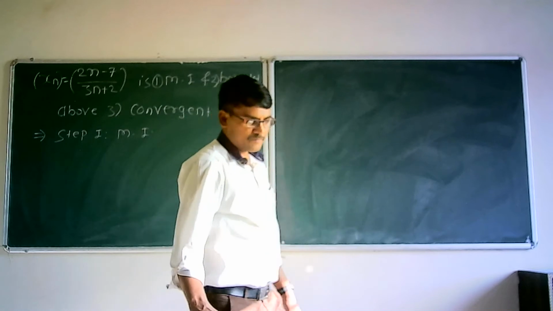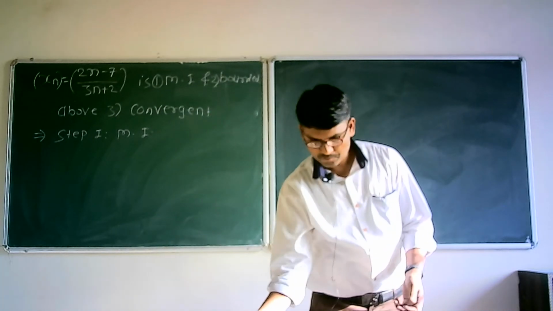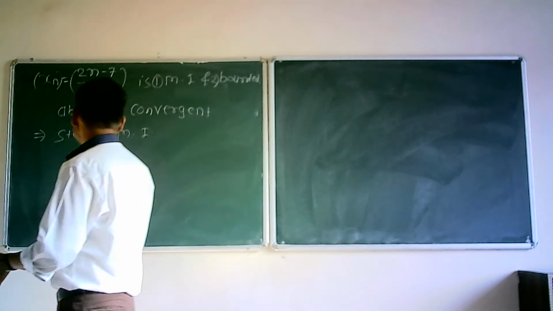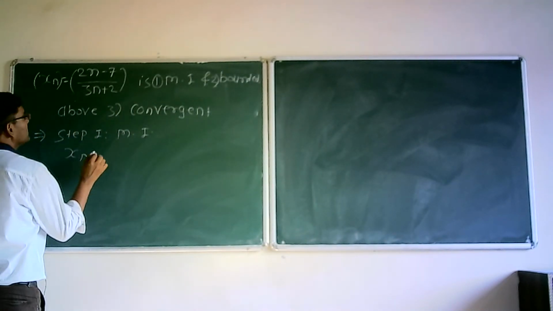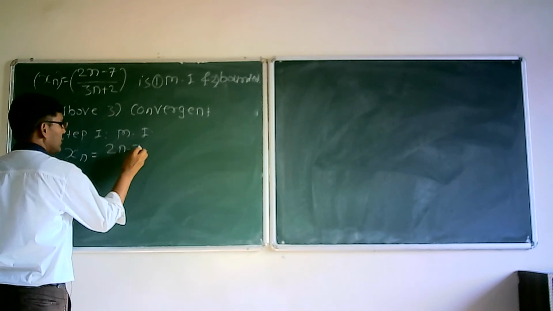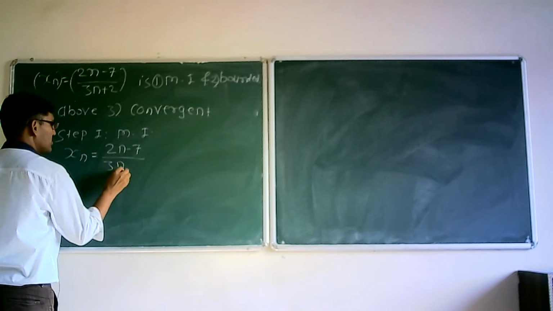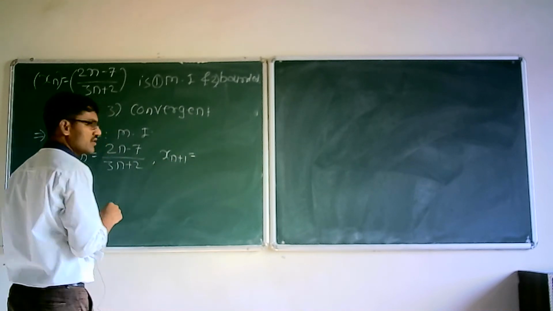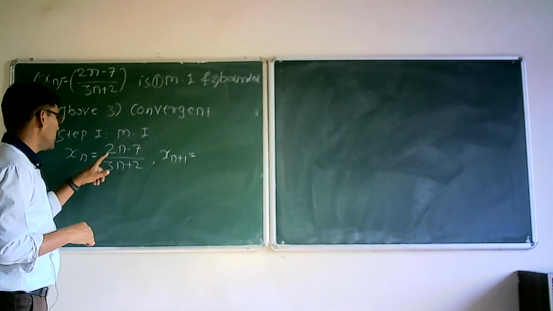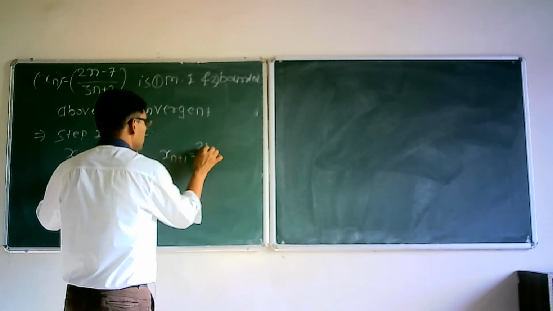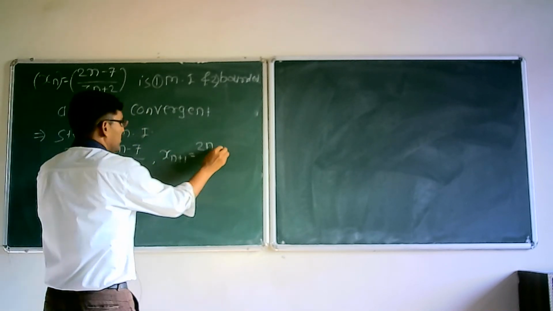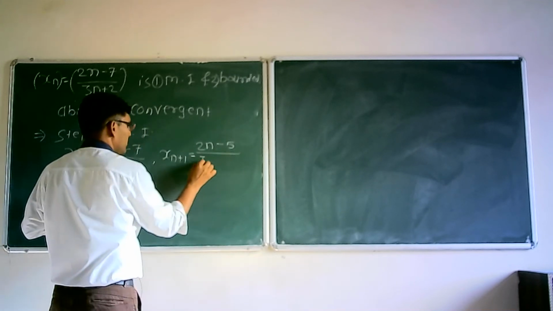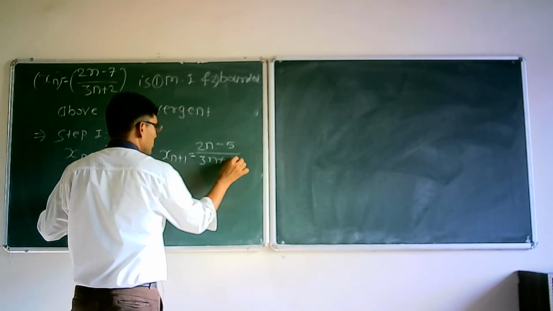So now consider again what is given here. Xn is equal to twice n minus 7 divided by thrice n plus 2, which implies xn plus 1 is equal to, in place of n, input n plus 1, that is twice n plus 2 minus 7, so it is minus 5, divided by thrice n plus 3 plus 2, so plus 5.